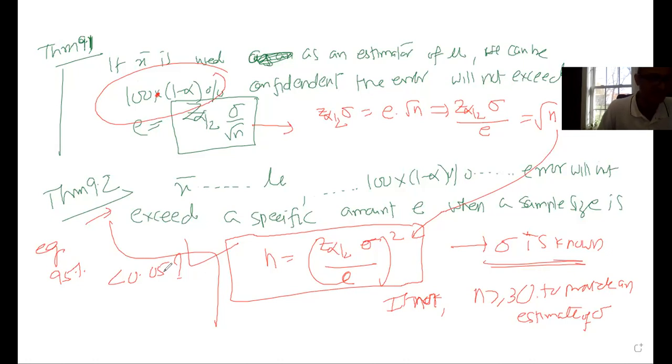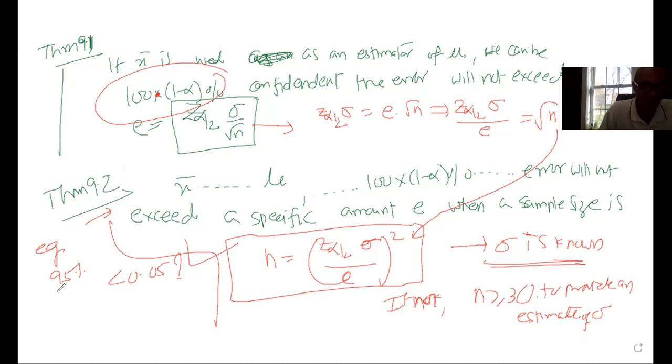Then using S as an approximation for sigma in theorem 9.2, we could determine approximately how many observations are needed to provide the desired degree of accuracy.